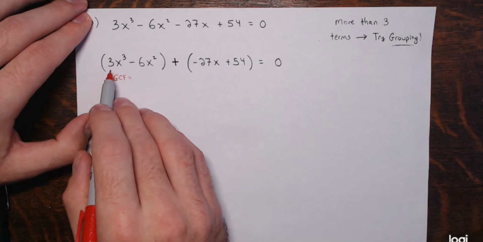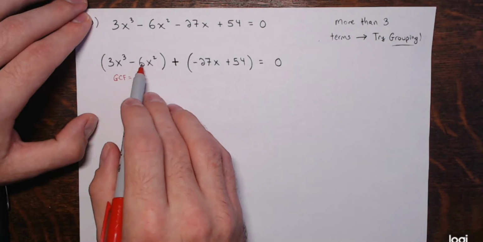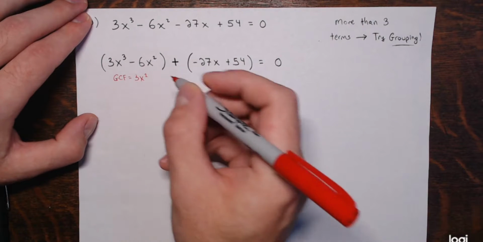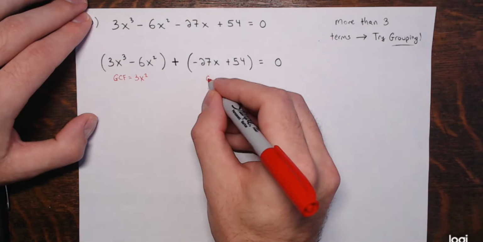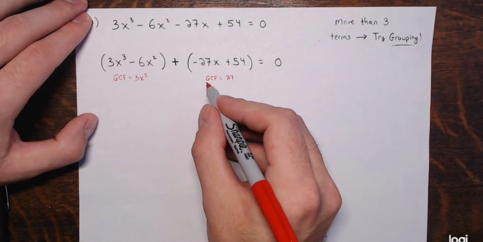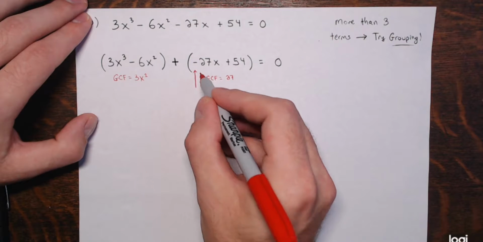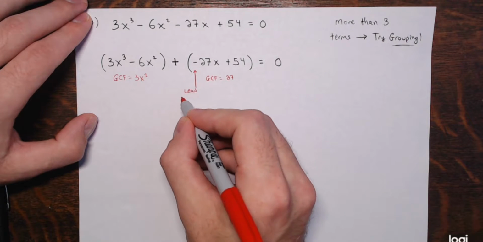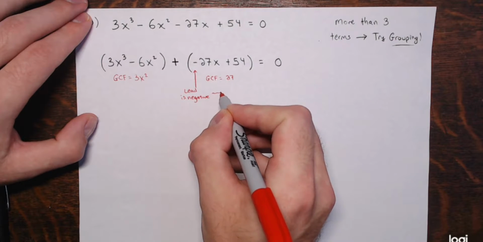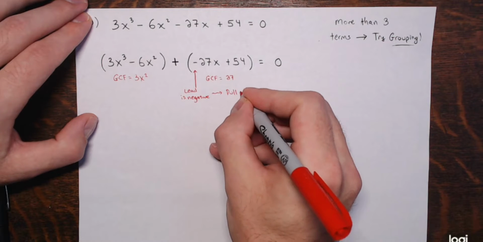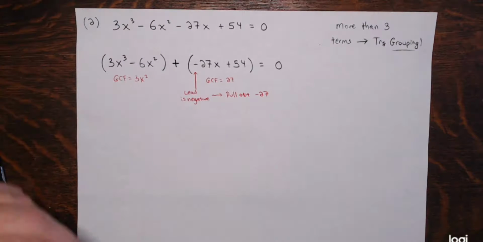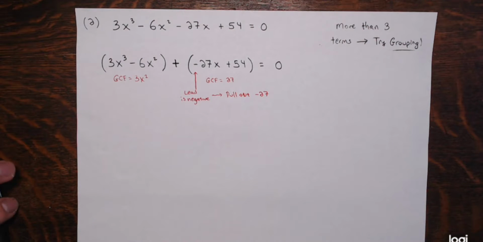Trust me. So here, the greatest common factor is 3x squared. And here, the greatest common factor is 27, but since the lead coefficient is negative in this group, we're going to factor out negative 27 instead. I'm going to pull out the opposite of the GCF.